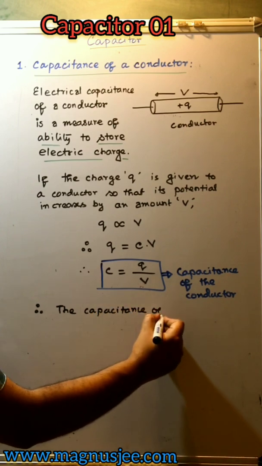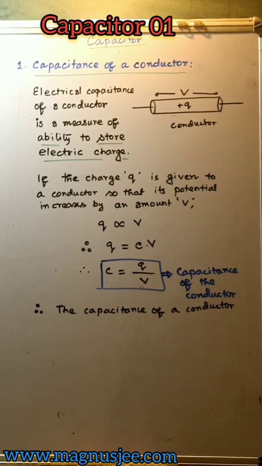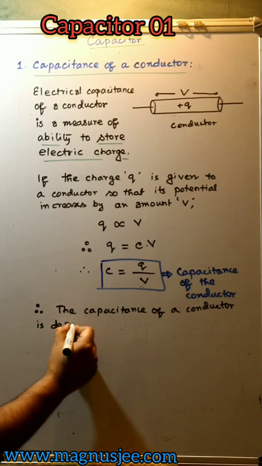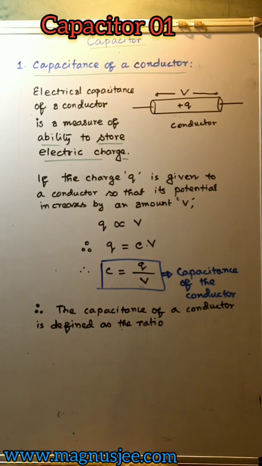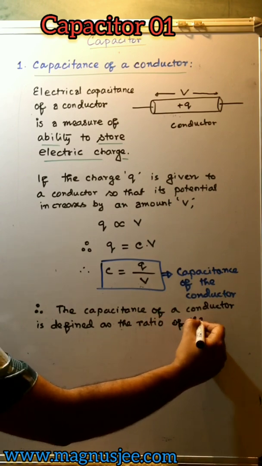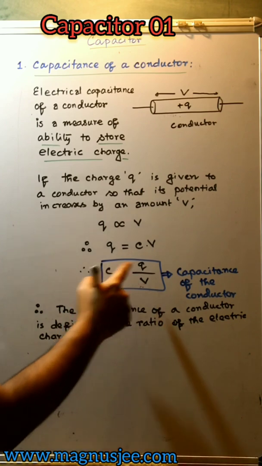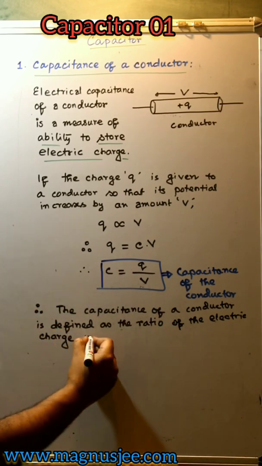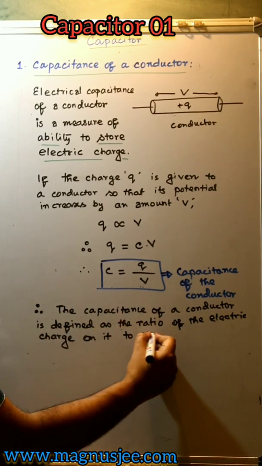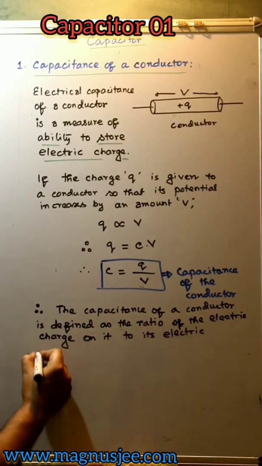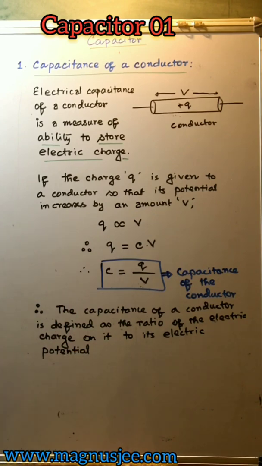The capacitance of a conductor is defined as the ratio of the electric charge Q on it to its electric potential V due to that charge.